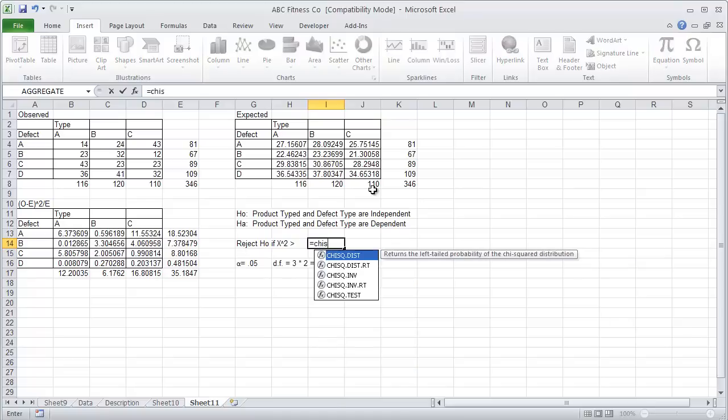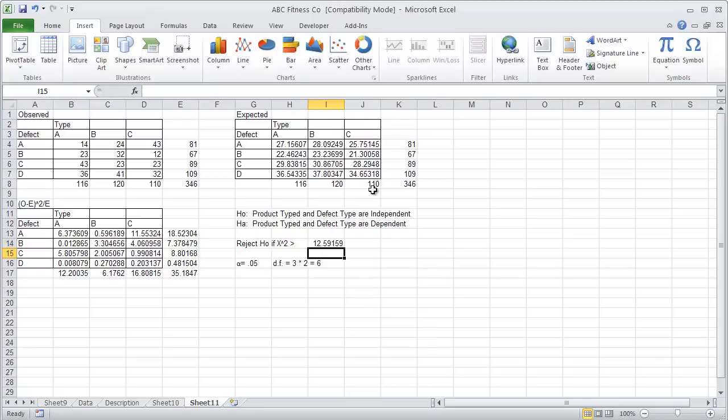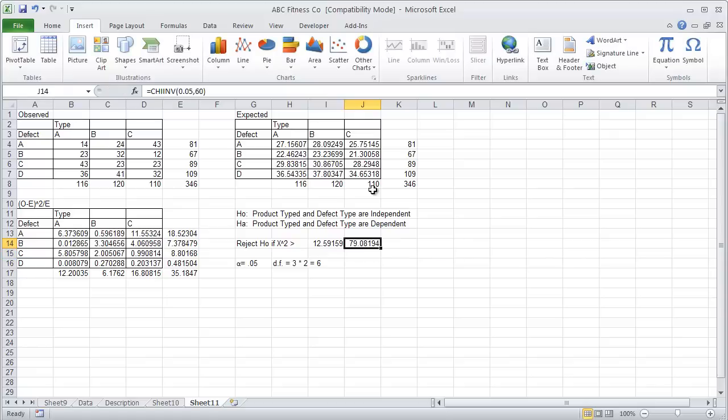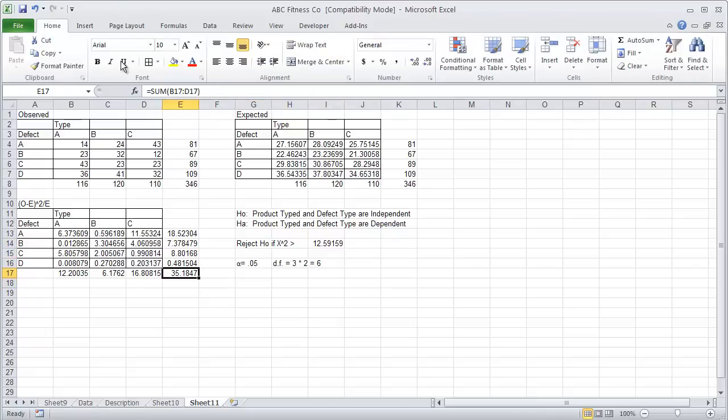So equals CHISQ.INV.RT of 0.05 comma 6, or if you were on the older version, it would be equals CHIINV 0.05 comma 6. You would have got the same value. My chi-square value that we came up with was 35.184.